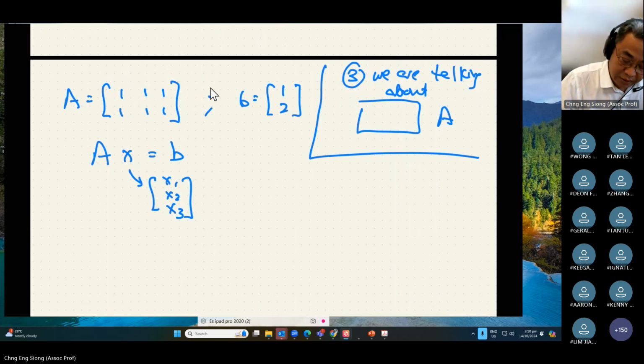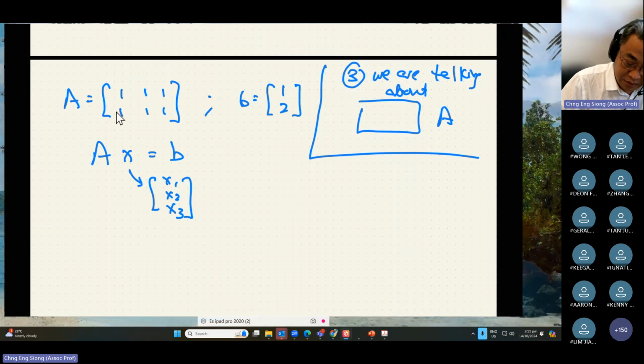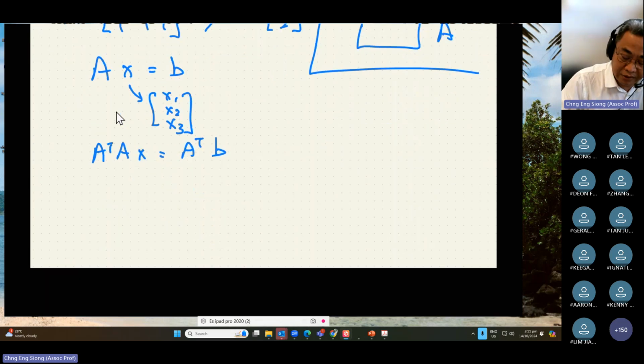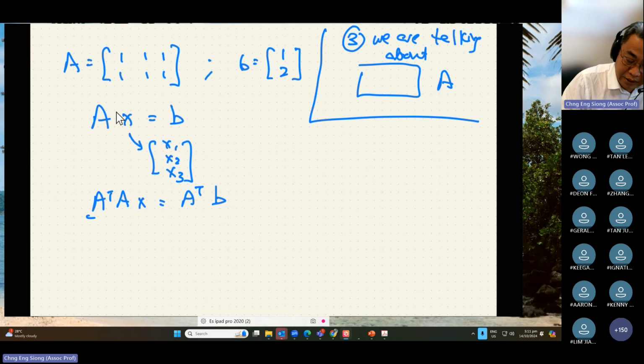All right, now let's try our magic again. A transpose A x equals A transpose B. Agree so far? What is A transpose A?